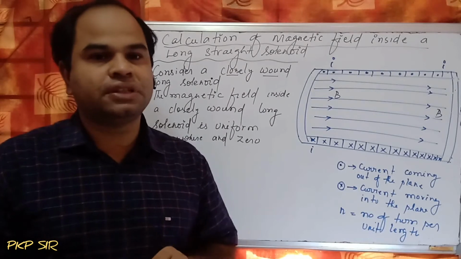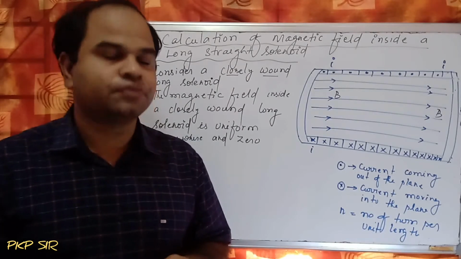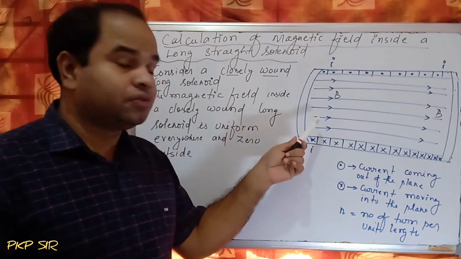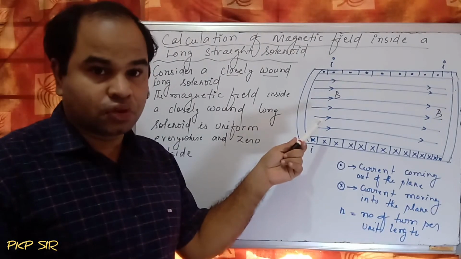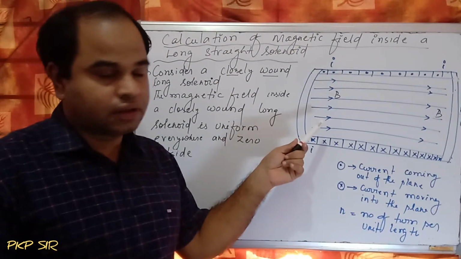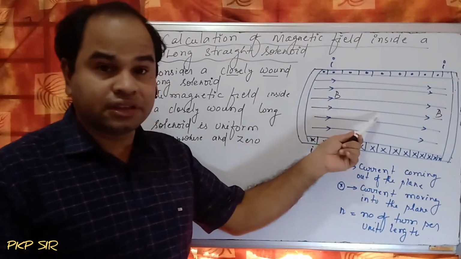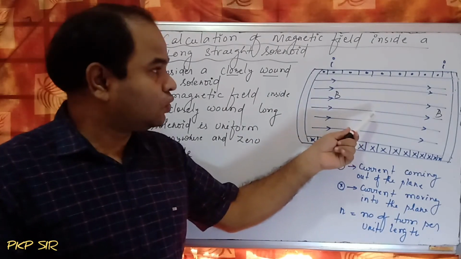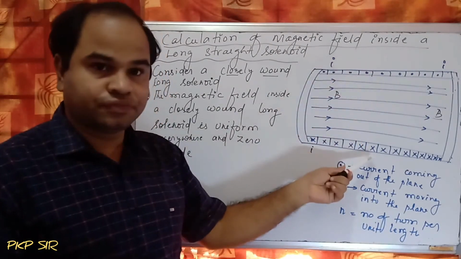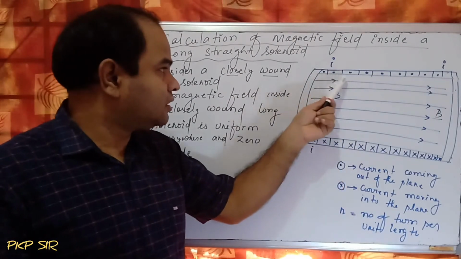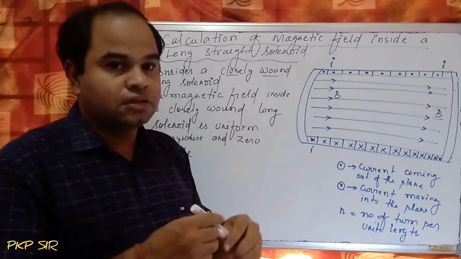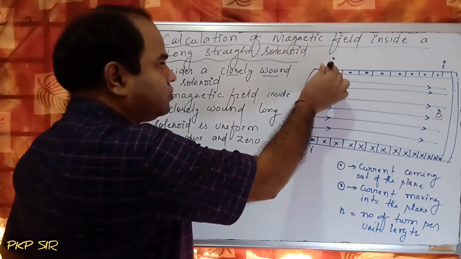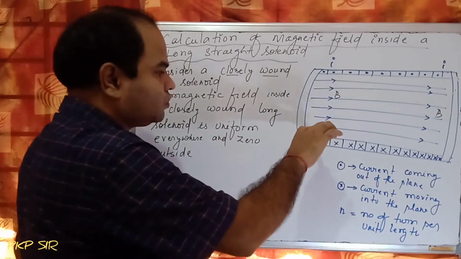Magnetic field is present inside the solenoid. So this is the sectional view of the closely wound solenoid, and the magnetic field is present inside. There is no magnetic field outside, and these are the currents. The current is flowing outward here, and the current is moving inward here.